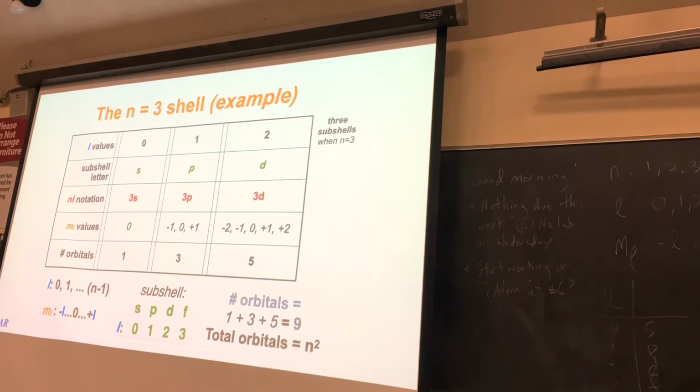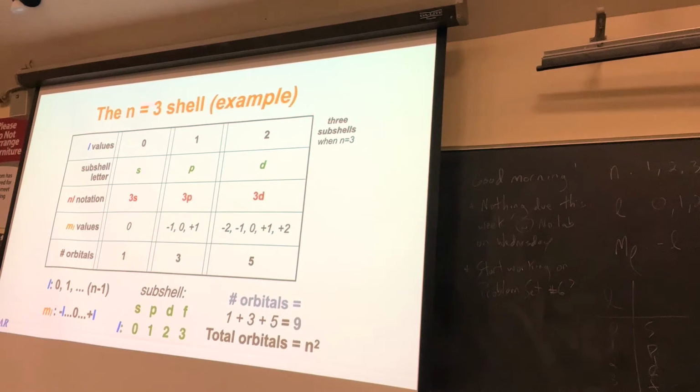So notice how there are patterns to things, like 1 to 3 to 5, all right? If l was 3, the next one down there would be 7. There are some quick and dirty ways to find the number of orbitals.